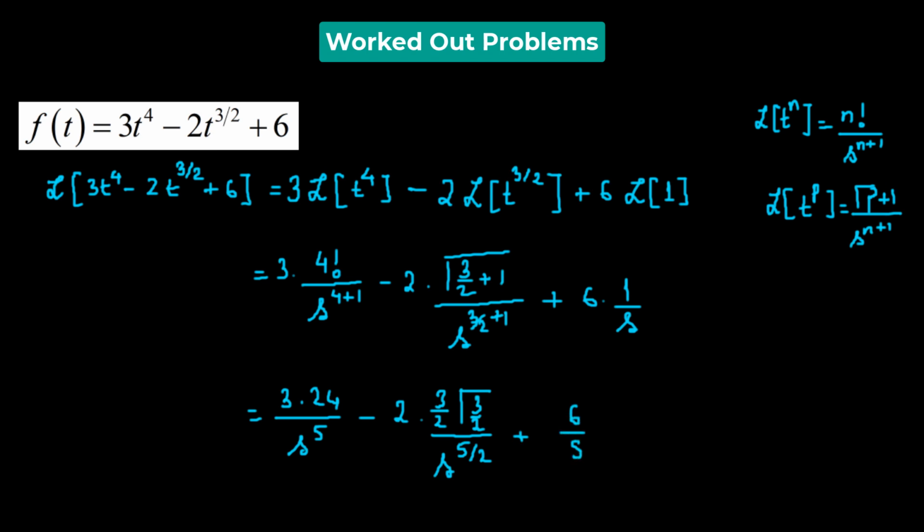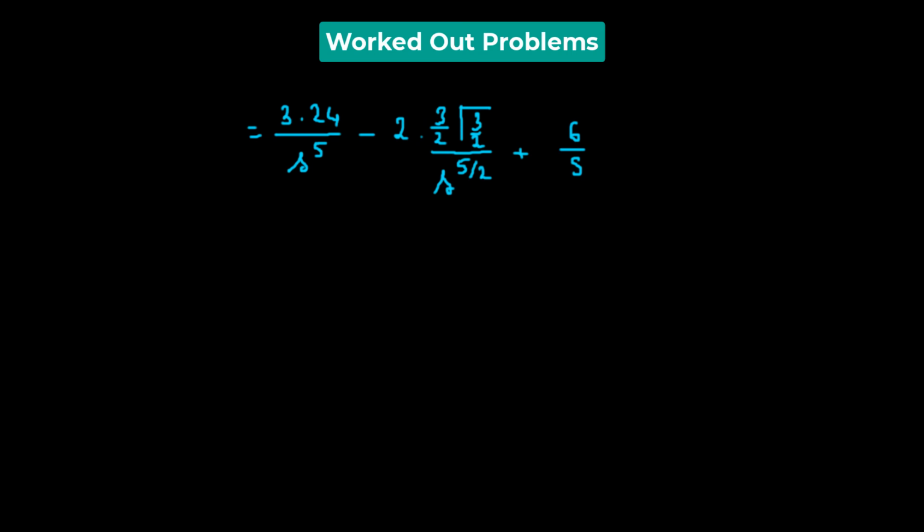So here what we have done is use the fact that gamma of p plus 1 is equal to p times gamma p.